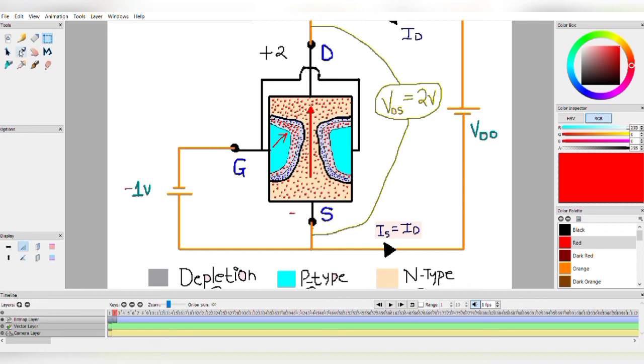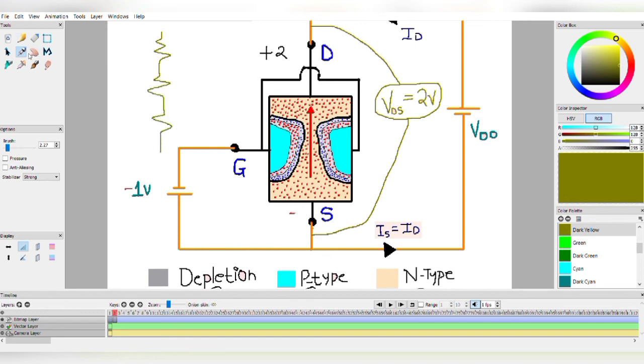I have also seen many people explain this concept like this: a resistor, again a resistor. So yeah, this is also right.